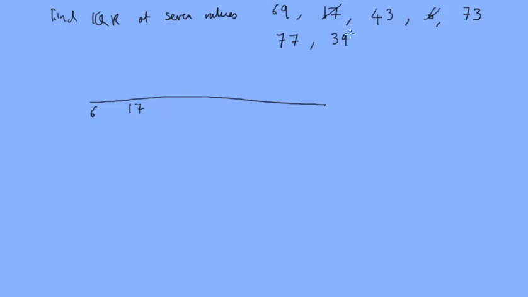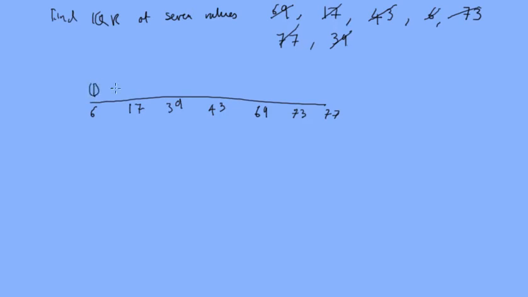Then we'll have 39, then 43, then 69, then 73, and then 77. So sometimes when you just got a list of numbers, the hardest thing is actually not forgetting one of them. So that's why it's good just to mark them off.